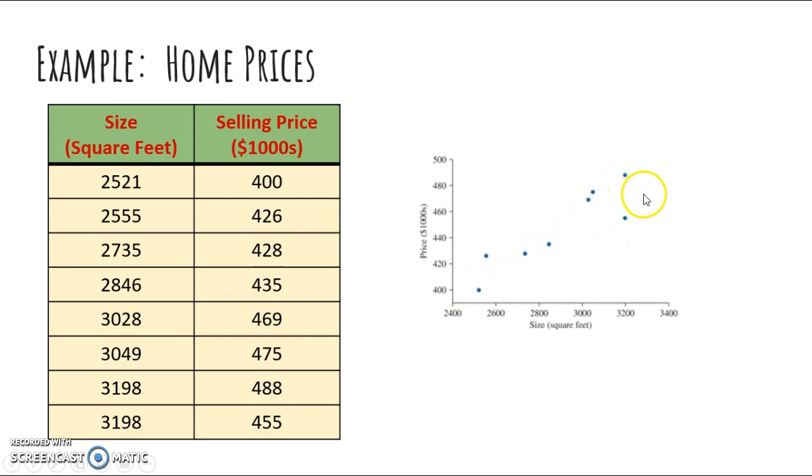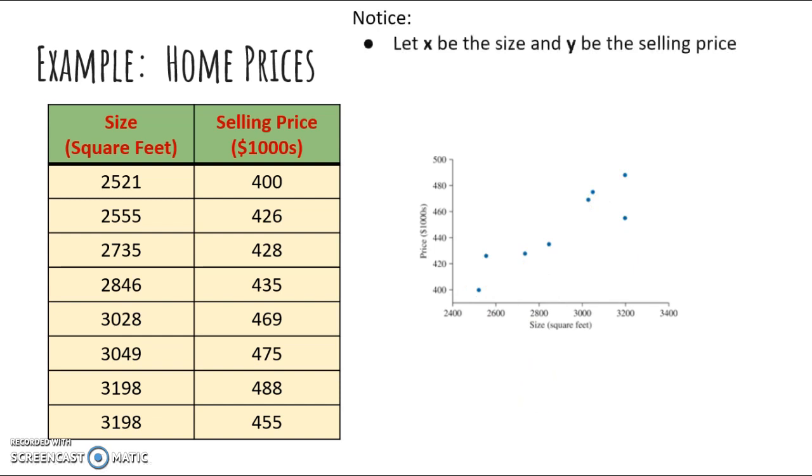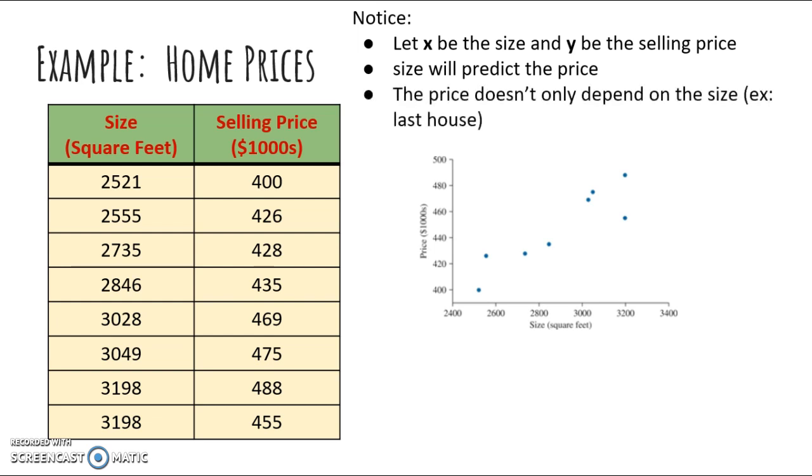So since they don't line up, we want to look and see if they are correlated in any way. And so how can we tell that? So again, x is the size, y is the selling price. Size is the independent variable, so it will predict the price because price is the dependent variable. The price, though, doesn't only depend on the size.